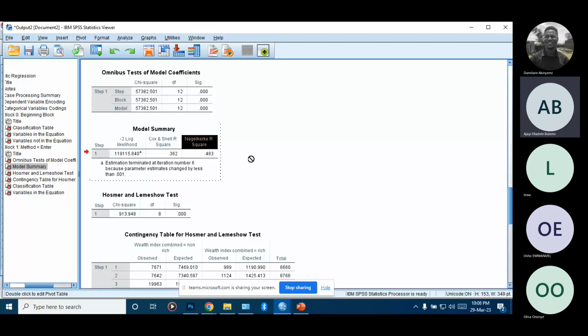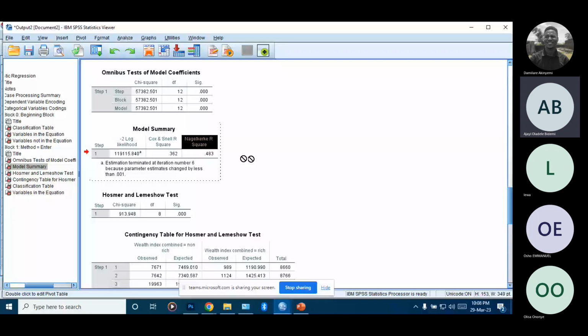When using this R square, we can use it the same way we use the R square in our multiple linear regression, but we have to be very careful with the way we use it.